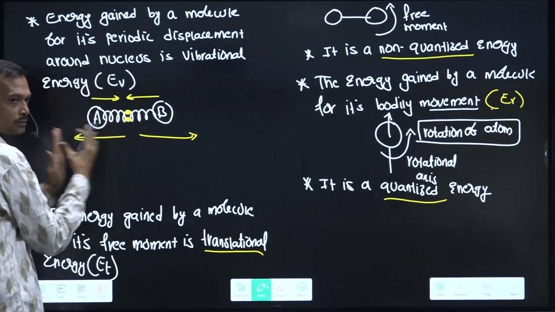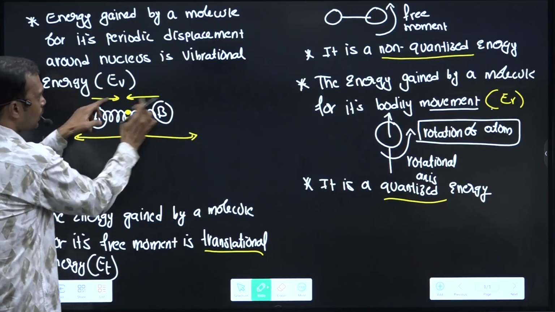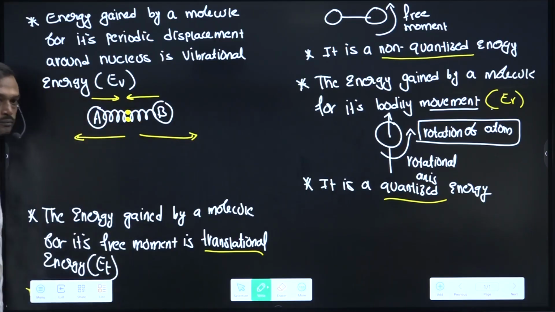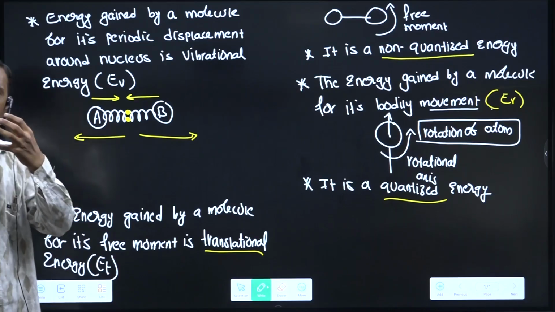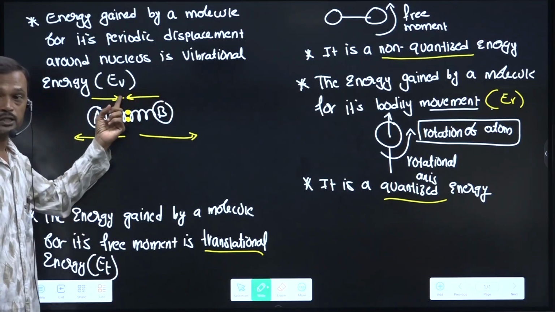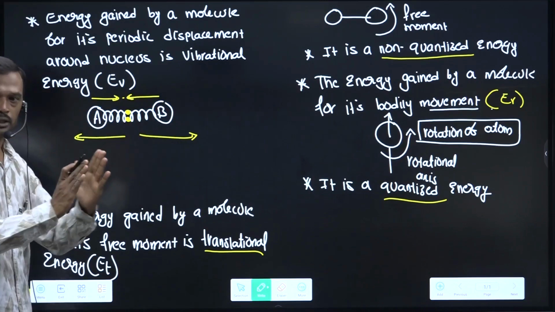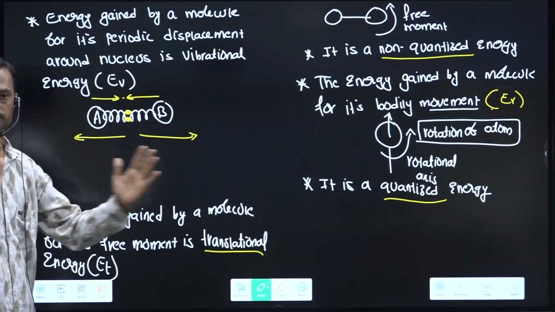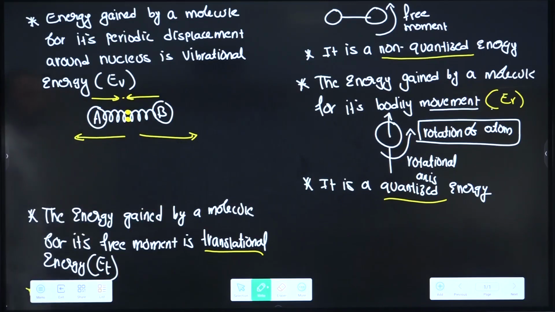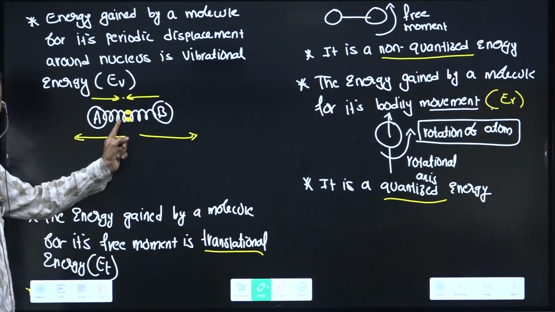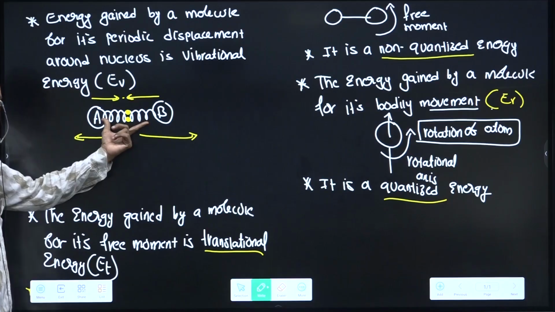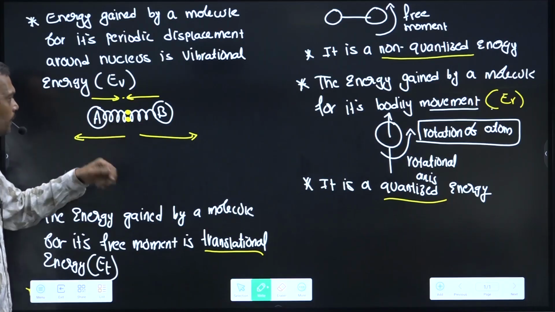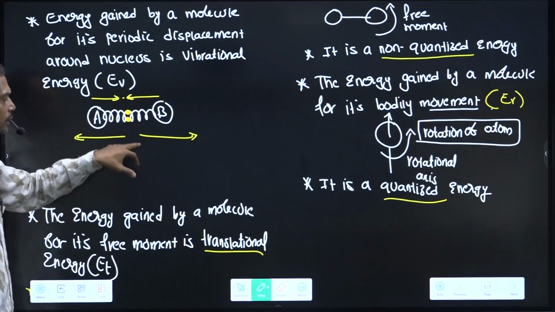This is called vibration. When any molecule absorbs vibrational energy, it will undergo compression and elongation. This is called vibration energy levels. It is a covalent bond. This is a nuclei where 2 electrons are present, overlapping between the two. Now this is compression and this is elongation.